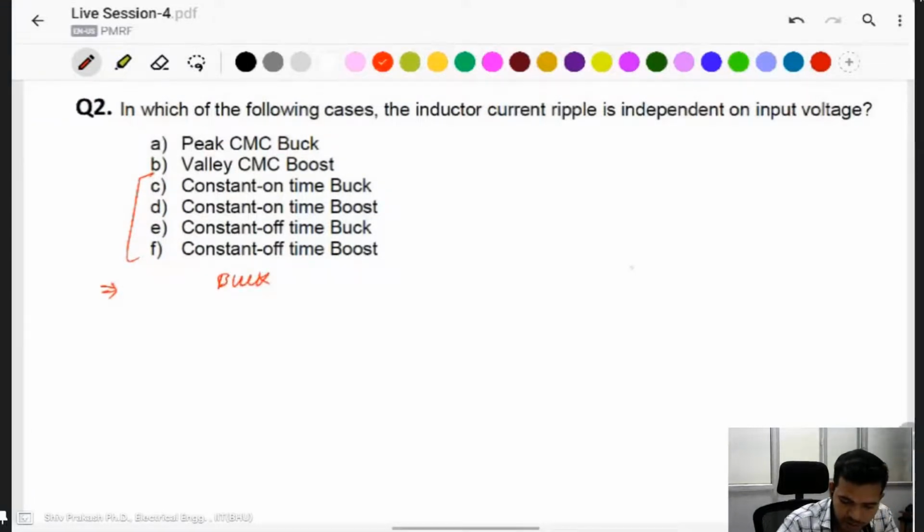This one, buck. You know about the buck converter? For the buck converter, Delta IL is equal to (Vs minus V naught) divided by L into D by F. And if you change the Vs, then you find D into (1 minus D).